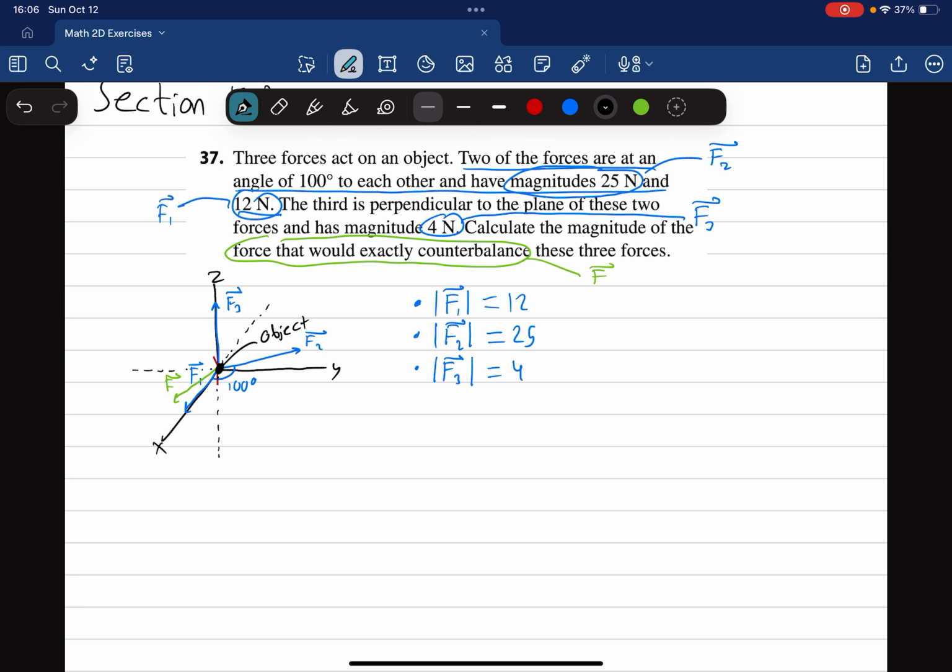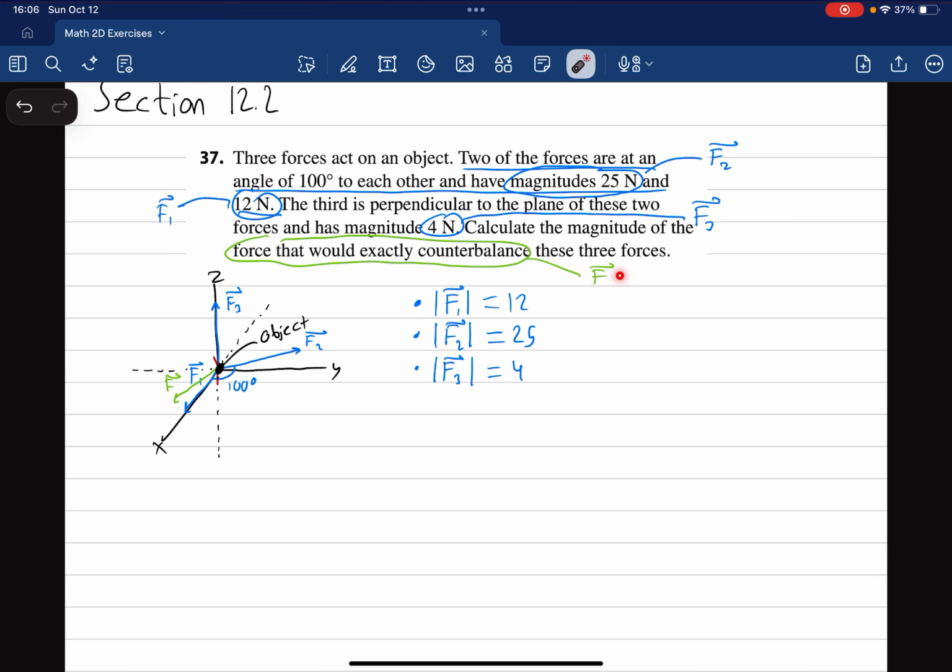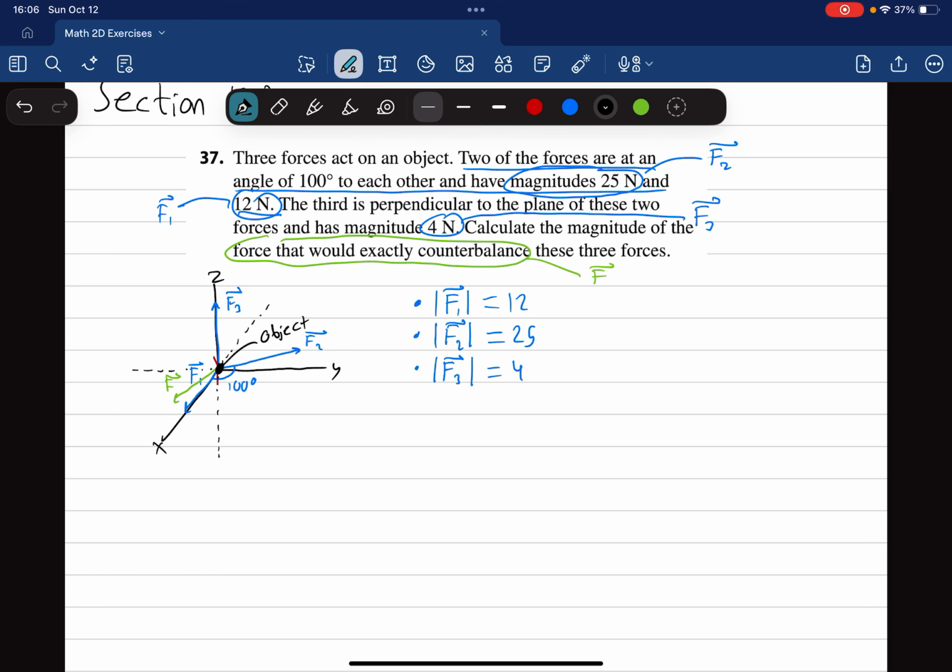So what it would mean for our force F to counterbalance these three forces is, if we have counterbalancing, like there's no net force, then the net force on the object, which is a vector, is just going to be the zero vector.